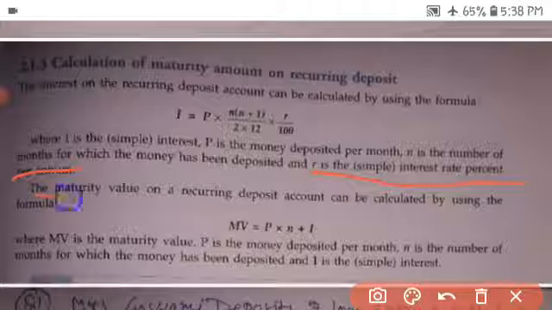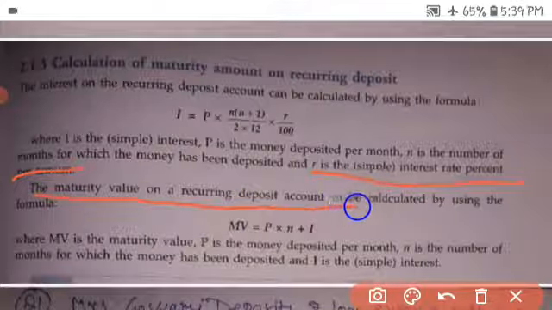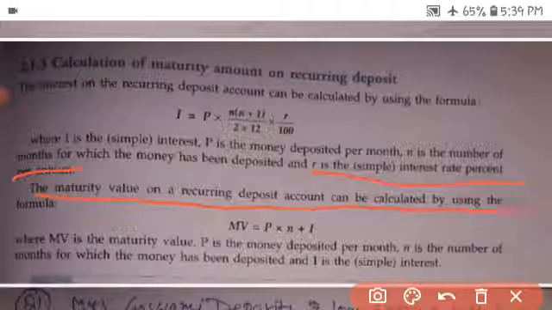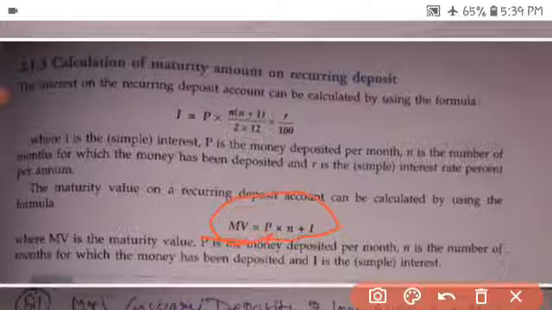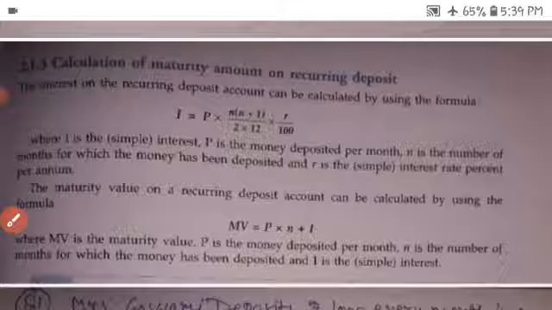The maturity value of a recurring deposit account can be calculated by using the formula MV equals P into n plus I.